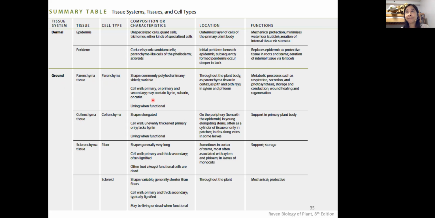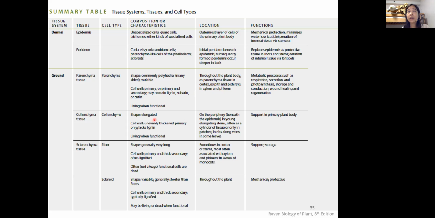But throughout the plant body, it's living when it functions. Throughout the plant body, parenchyma tissue is in the cortex, as the pith and pith ray, in xylem and phloem. The functions are metabolic processes such as respiration, secretion, photosynthesis, storage, conduction, wound healing, and regeneration.